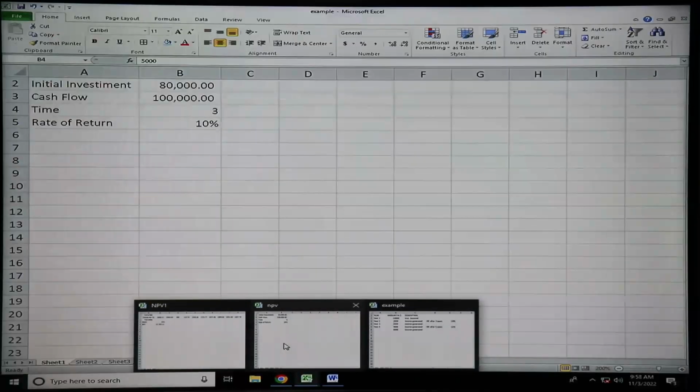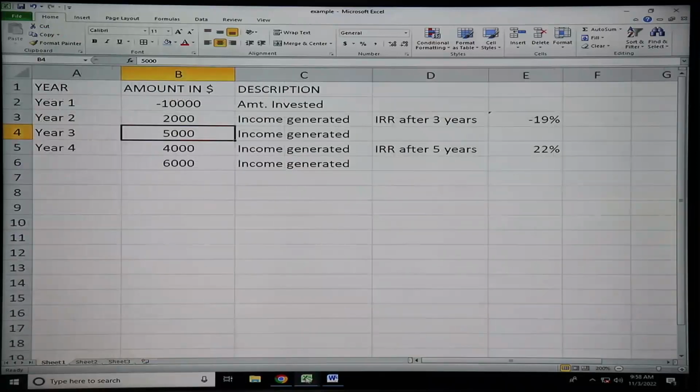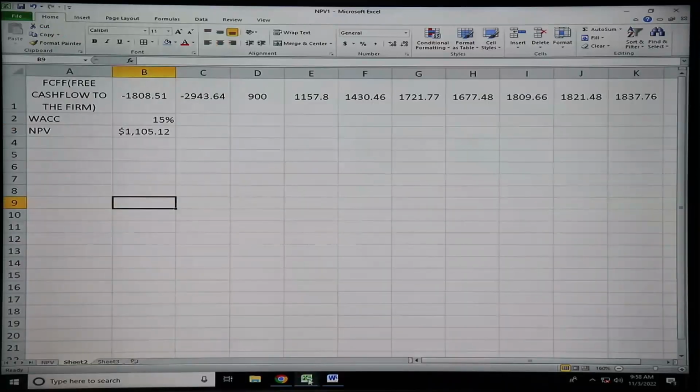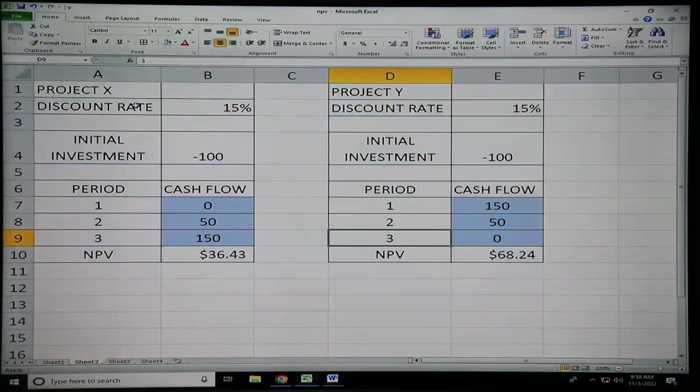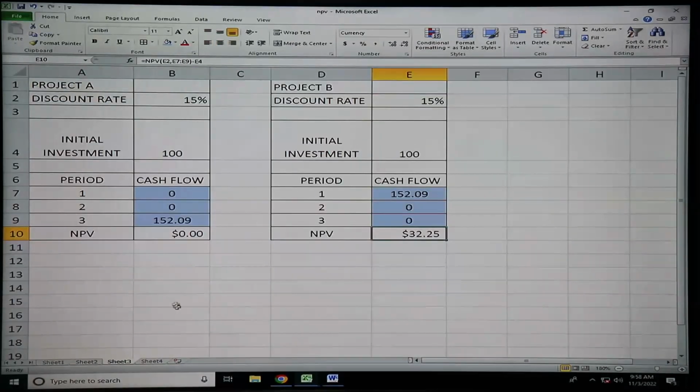In the previous project we had project X, project A and project B. There is something that we saw, which is the time value of money: if you invest the same amount and the cash flow is different, then the project gives us a net present value that is different.